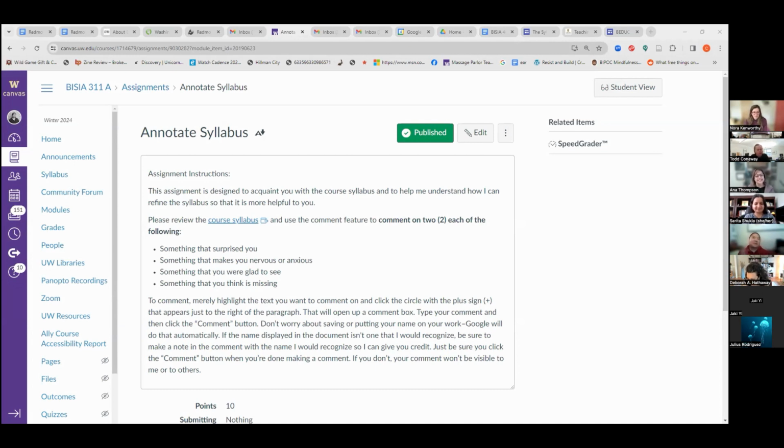I knew it was important to know the policies, but it just didn't feel like the best use of time. And so I really resisted that, and I've tried different ways to handle the first day of class, and this is where I've settled for the last few years, ever since I learned about this syllabus annotation assignment.